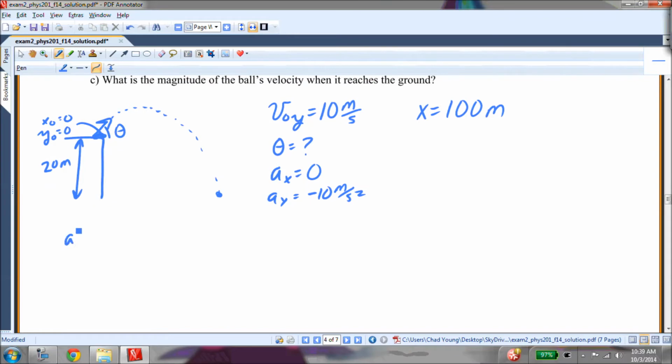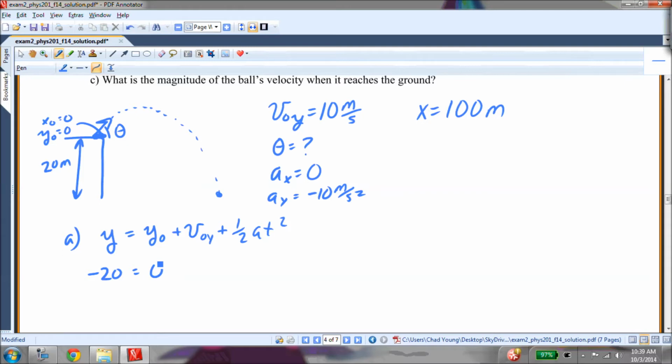All right, so I'm going to be using this. y equals y naught plus v naught y t plus 1/2 a t squared. That's negative 20 equals 0. So that cliff is 20 meters high.